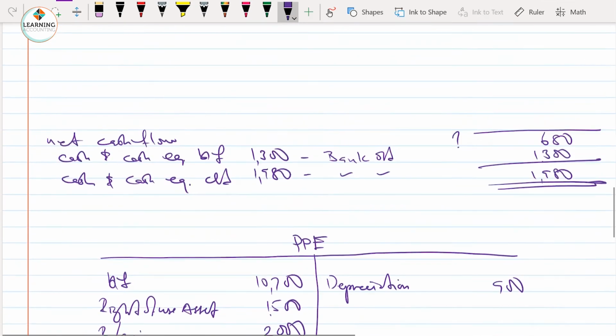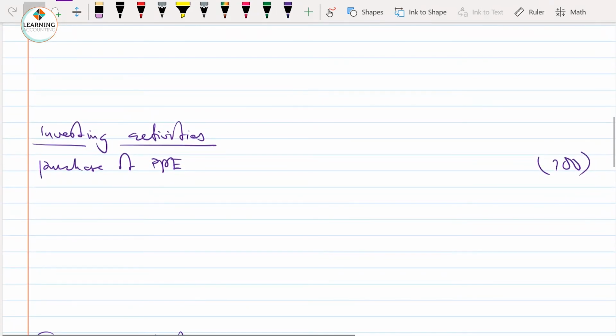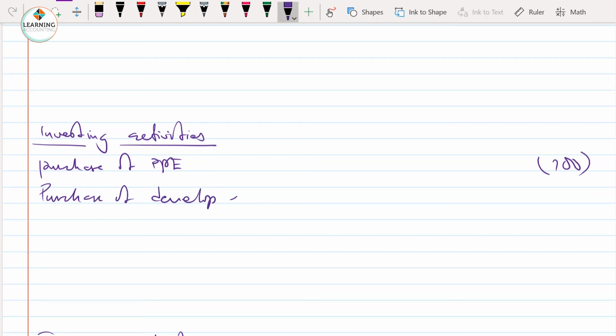And that again affects our investing activities. Purchase of development expenditure, we have 1,200, negative because there's cash flow going out.